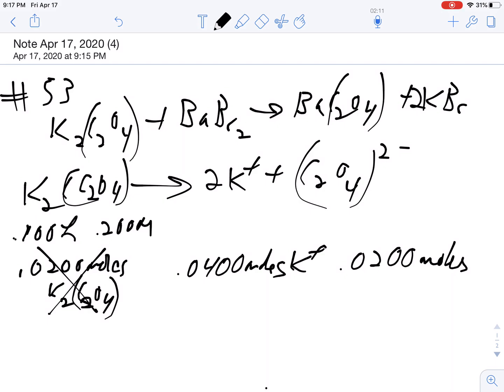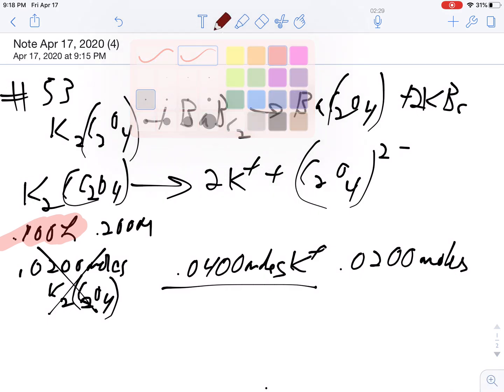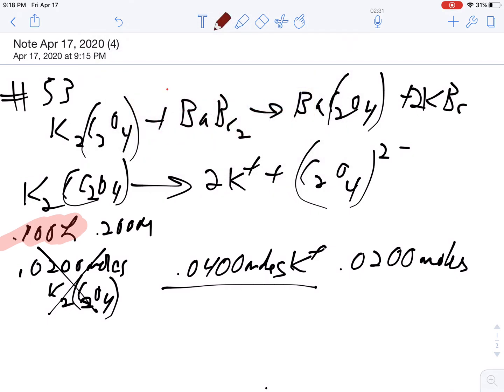Now we can go ahead and just calculate the concentration of the potassium right away. So I've got 100 mils of the potassium oxalate, and I'm going to be adding 0.15 liters of a 0.25 molar solution of the barium bromide.